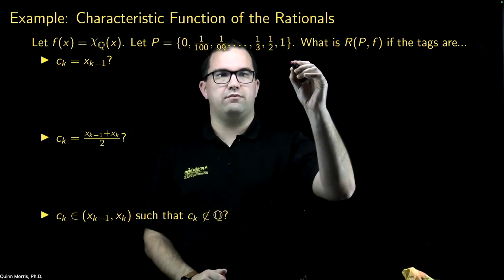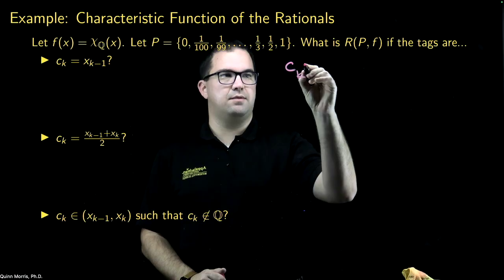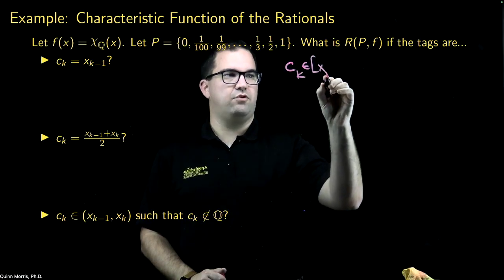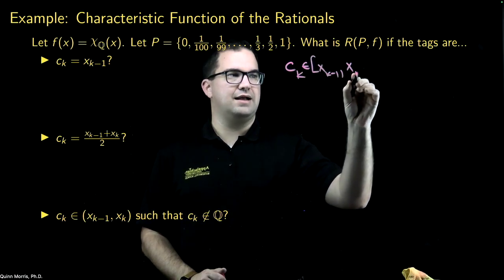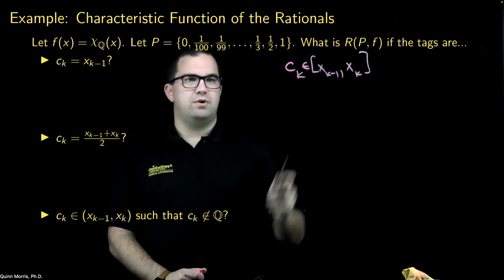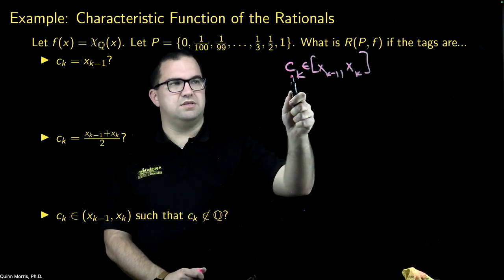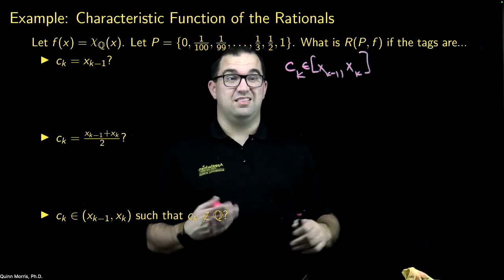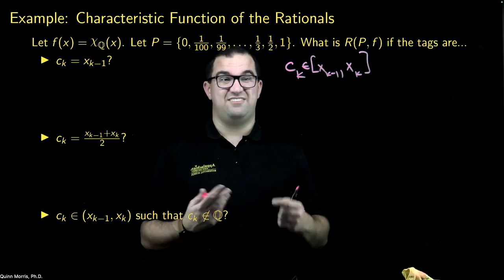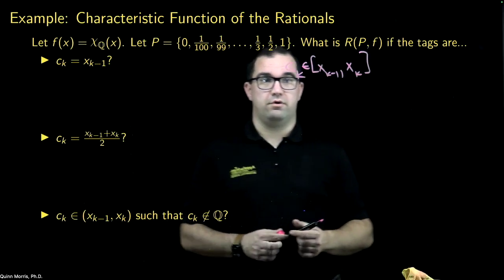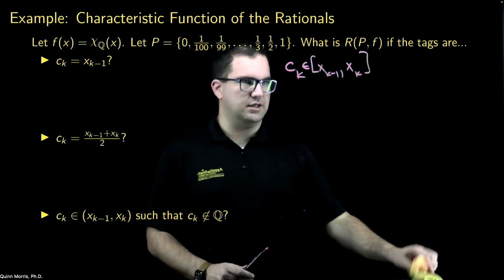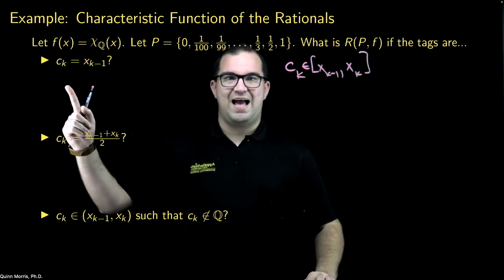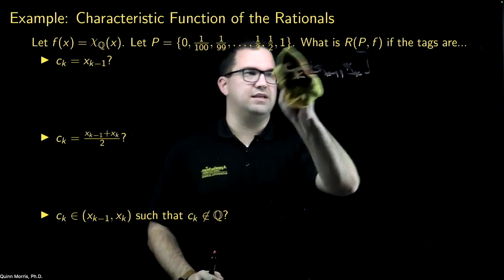Recall, by definition, our tag c sub k must be in the interval [x sub k minus 1, x sub k]. So what am I really saying here? I'm saying choose c sub k to be the left endpoint. This is like calculating a left-hand sum for a Riemann sum that you might have seen in calculus, right? So what if our tags are just the left endpoints of all the intervals?